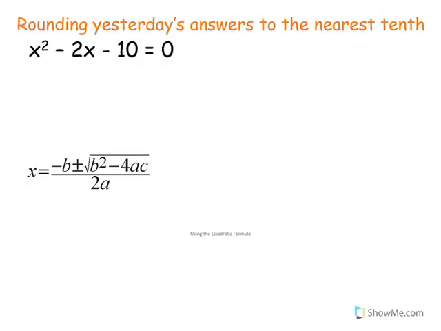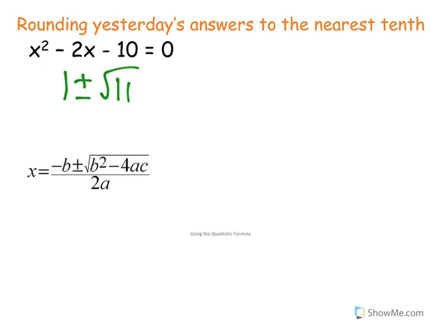All right, so again, guys, the only thing we're going to do different today, so this is kind of like a review lesson, is we're going to round yesterday's answers to the nearest tenth. So we're going to take a look at x squared minus 2x minus 10 equals 0. You're going to look back in your notes to what we did yesterday, and you're going to see that when I simplified it in its most simple form, we ended up with this.